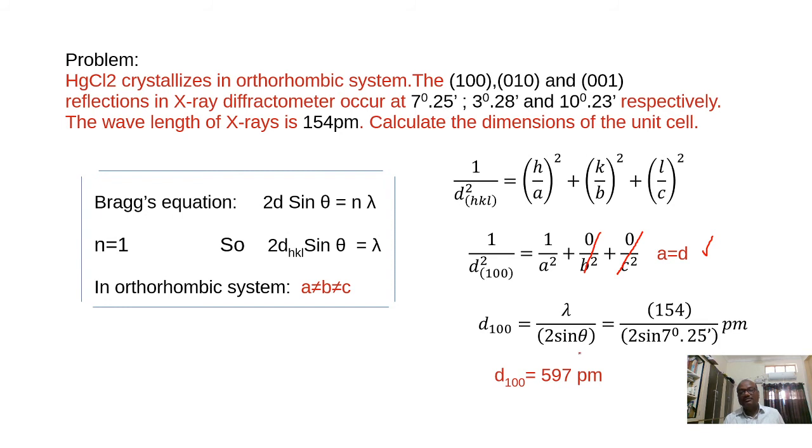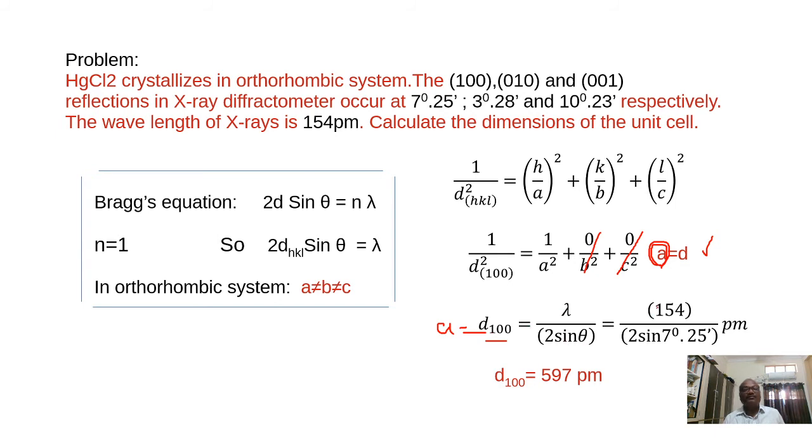Lambda by 2 sin theta. d100 is equal to lambda by 2 sin theta. And you also remember this d100 is nothing but a. d100 being a means you are calculating the value of a. So a is equal to d100, that is equal to lambda by 2 sin theta.